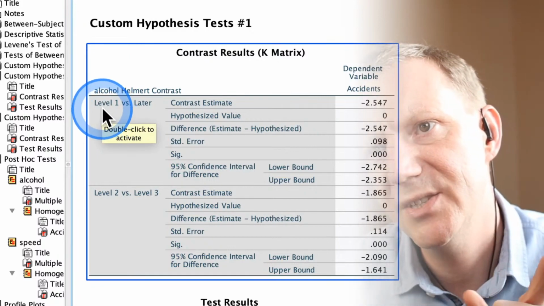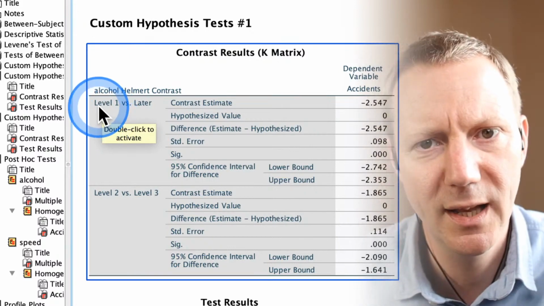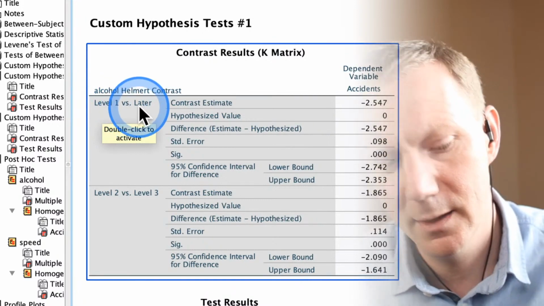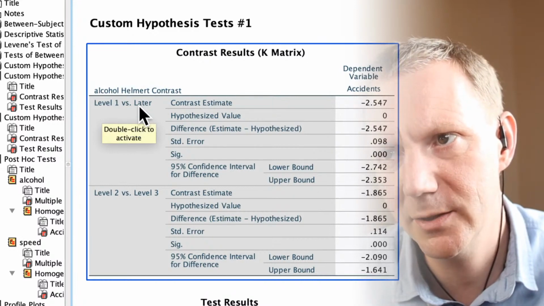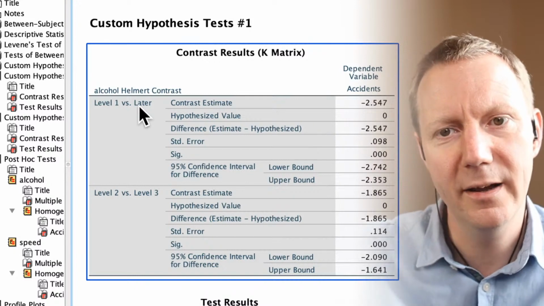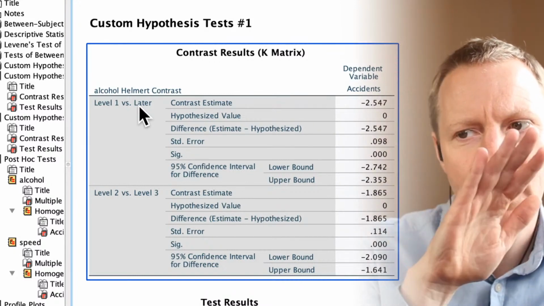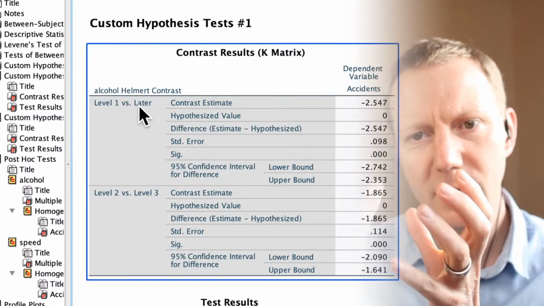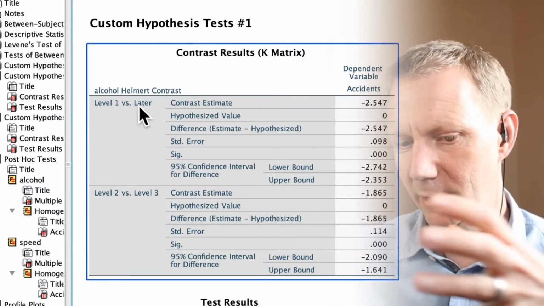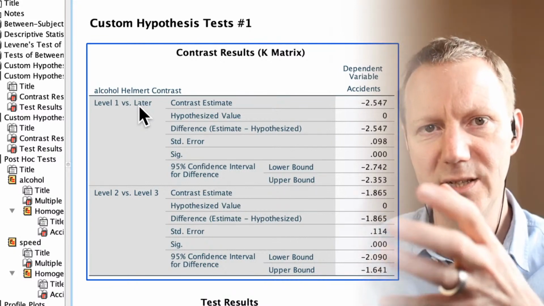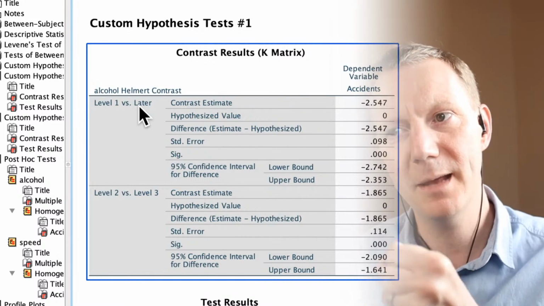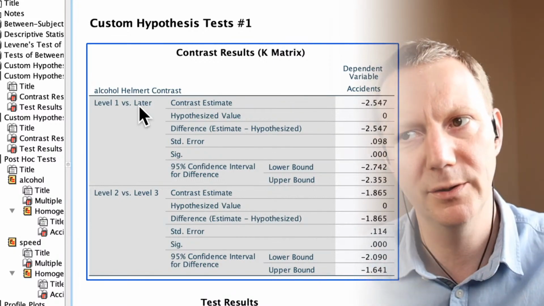The first is comparing the first level of alcohol, meaning the no alcohol condition, with, as it's stated here, later. And later means a level higher. So we're comparing no alcohol to the combination of a little bit of alcohol and a lot of alcohol. So we're actually making a new group and combining these two conditions and looking at that mean and seeing if that mean differs from the no alcohol condition.